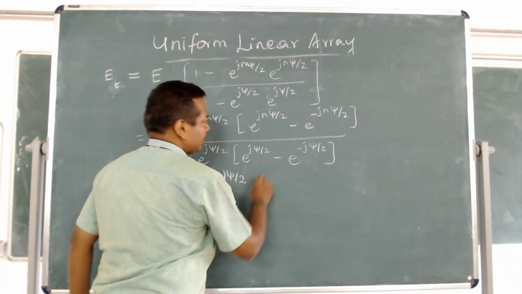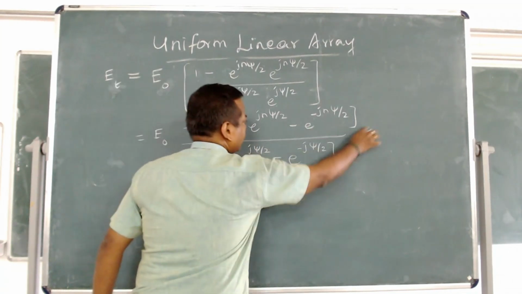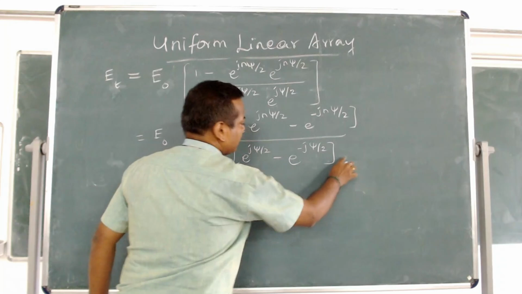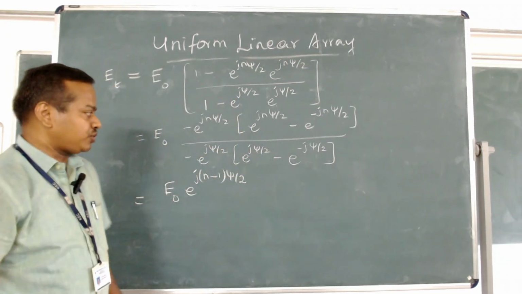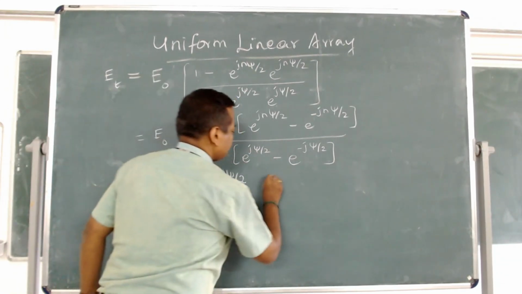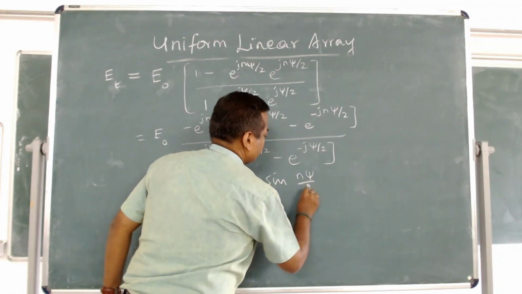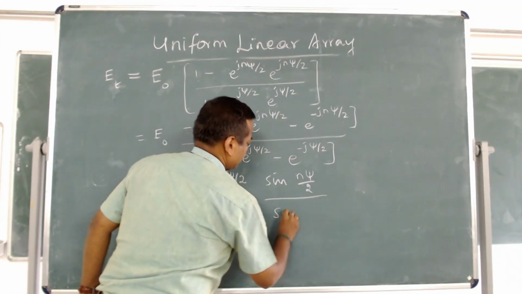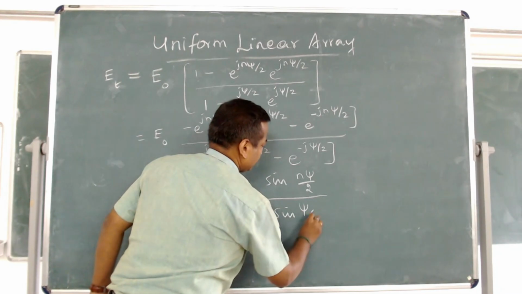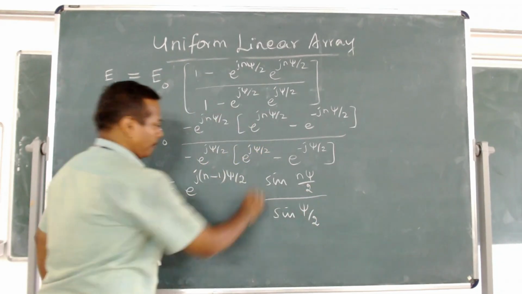If we divide the numerator by 2j and the denominator by 2j, nothing changes, and this becomes sine n psi by 2 divided by sine psi by 2.